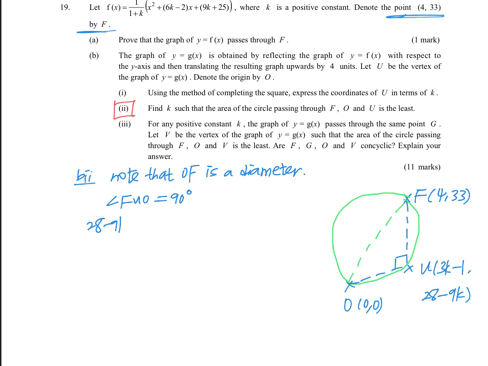28 minus 9k minus 33 over 3k minus 1, and then minus 4. That's just the stuff. And 28 minus 9k again minus 0 because origin, so 3k minus 1 minus 0. So the product of these two slopes should be equal to -1.